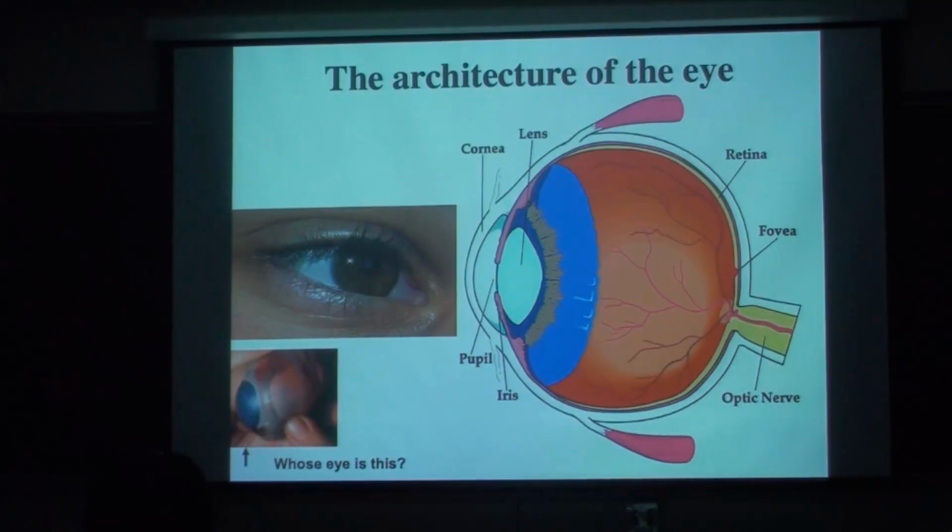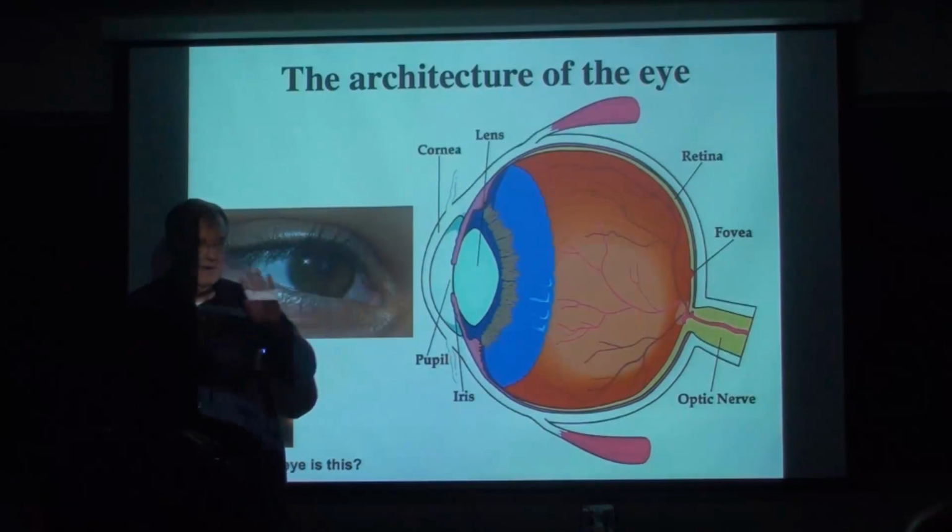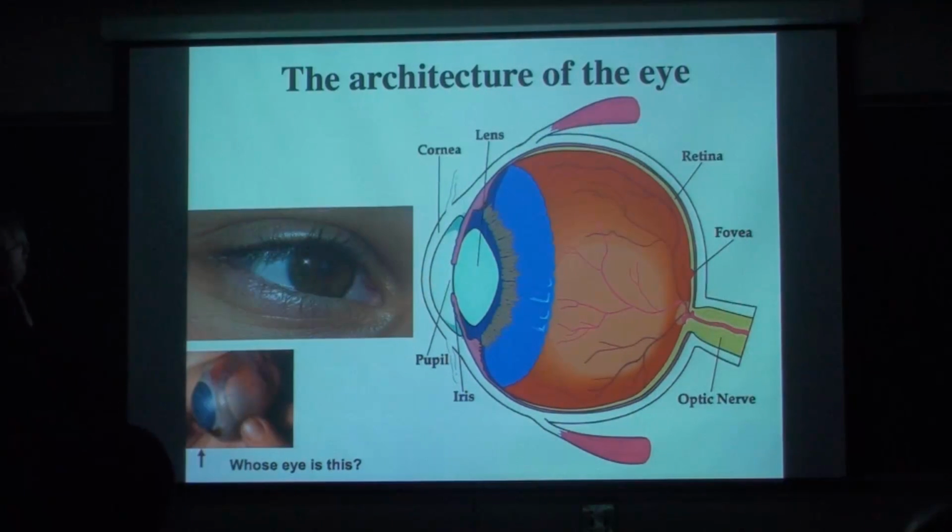The reason is very simple. The system avoids like hell to have any structures that scatter light. Light is being scattered by anything that is about the wavelength of light. The wavelength of light is 400 to 800 nanometer. So you avoid any structure that is 400 to 800 nanometer, then it's clear.